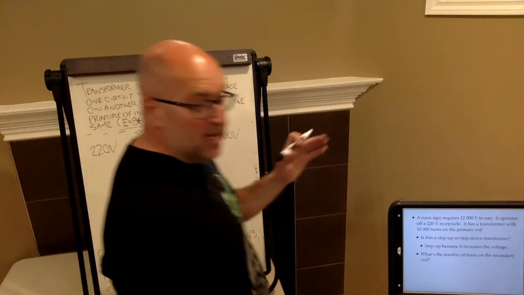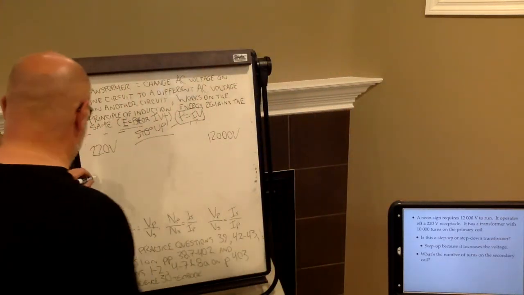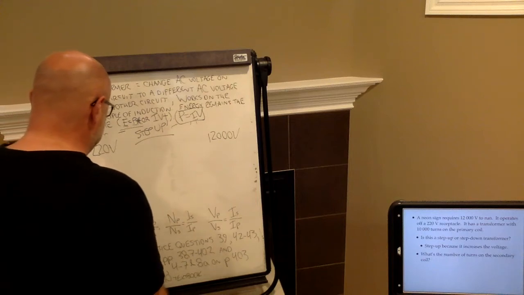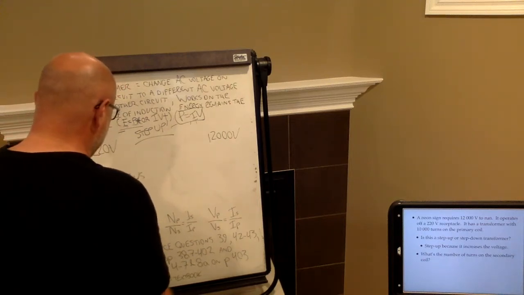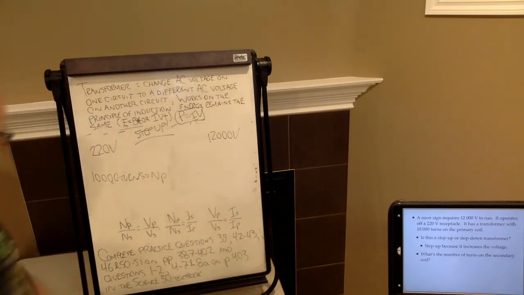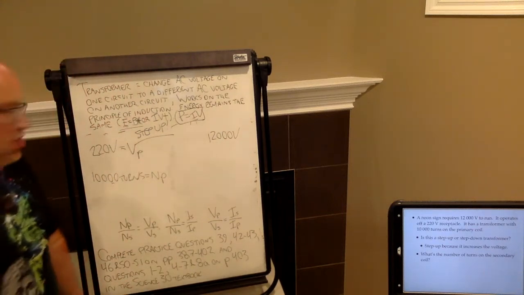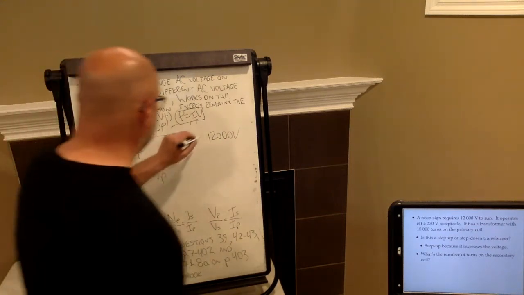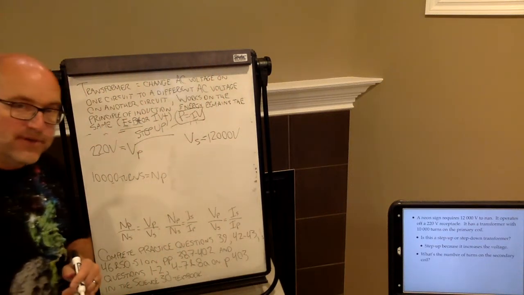So I said that there are 10,000 turns on the primary coil. So my NP number is going to be 10,000. My VP number, because it's my starting voltage, is going to be 220 volts. And my VS number is going to be 12,000.